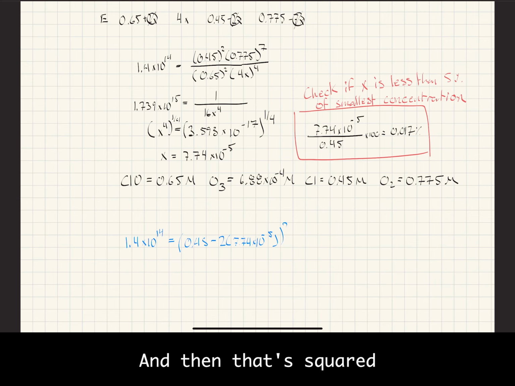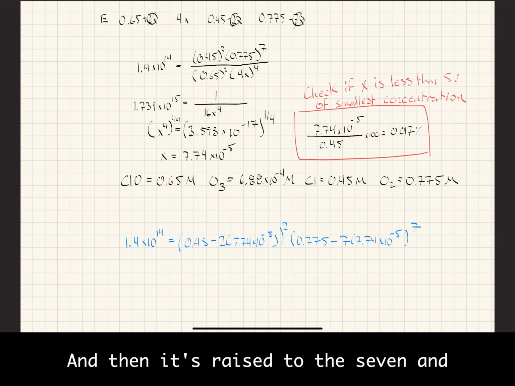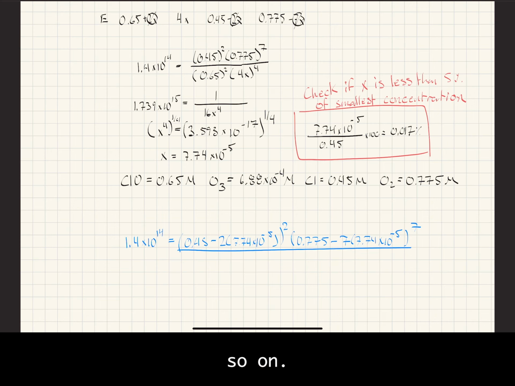And then that's squared, 0.775 minus 7 times, and that's raised to the 7 and so on.